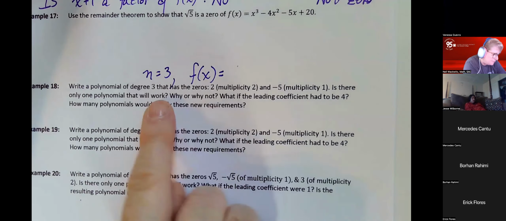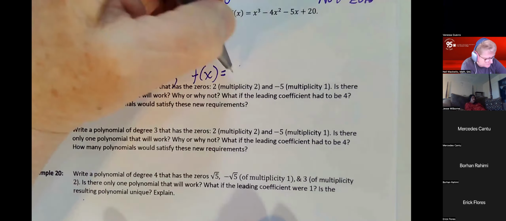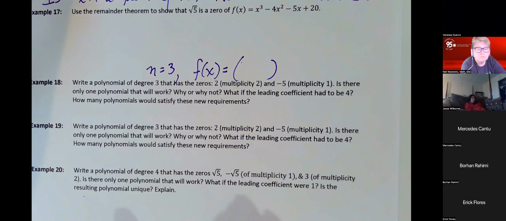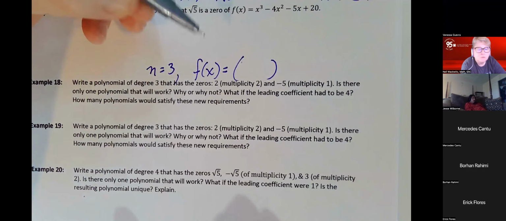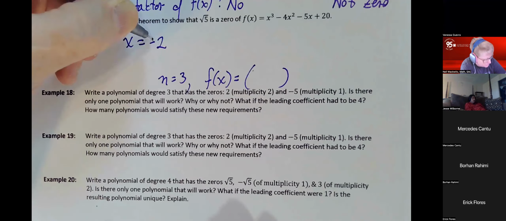So the factor that gives us a 0 of 2, what is that factor going to look like? What can we solve to get x equals 2?